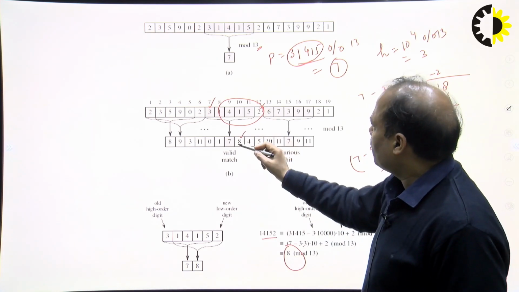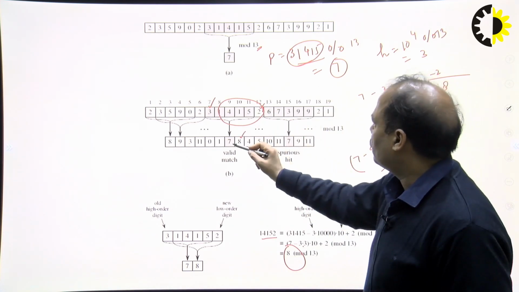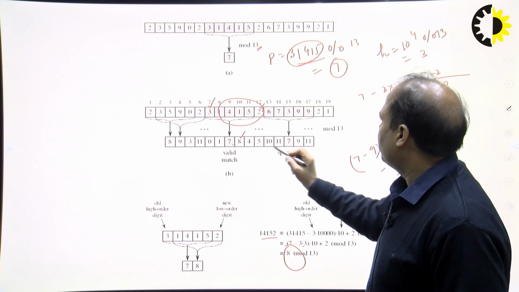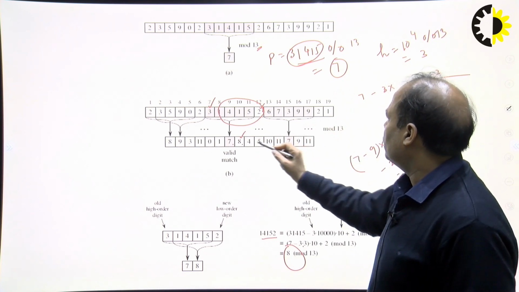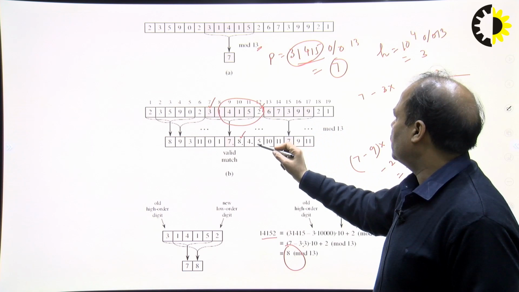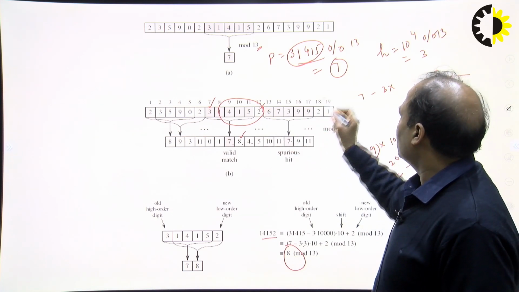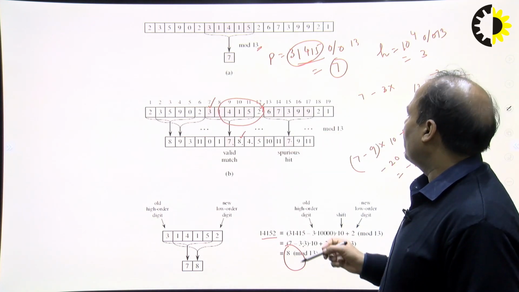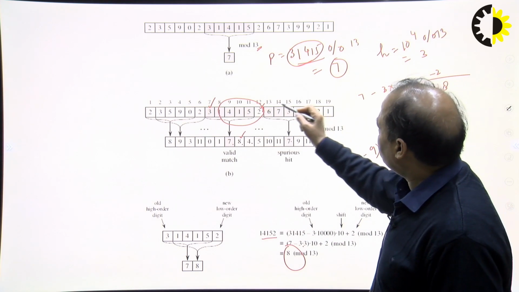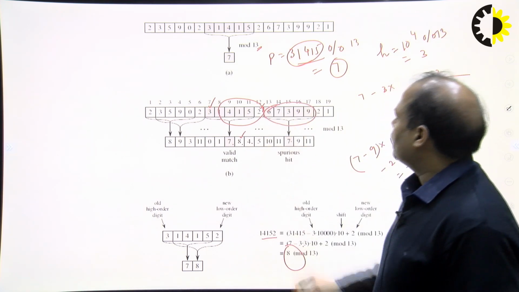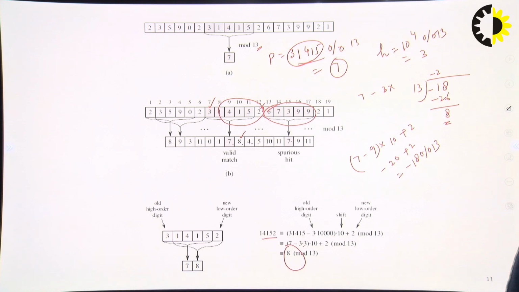So you are comparing 7 with this valid match, but 8 is not 7. Similarly, 4 is not 7. Keep checking. And now again 7 is equal to 7. But on checking this shift, we find that it is exactly not equal to the text.